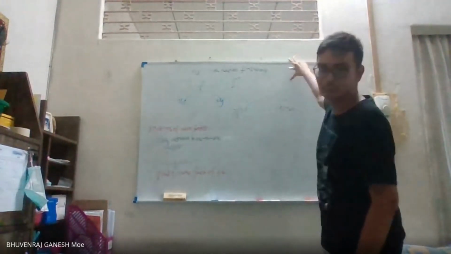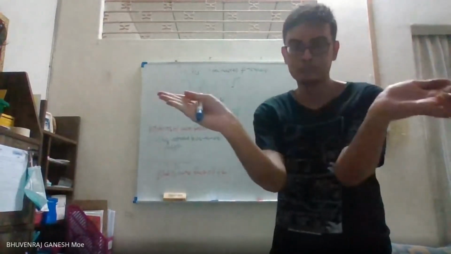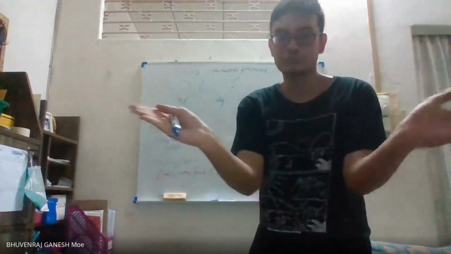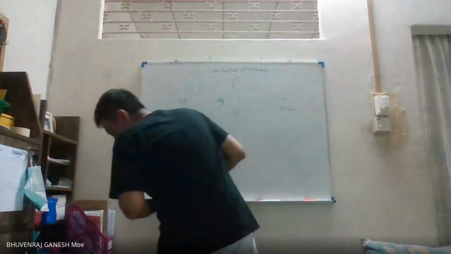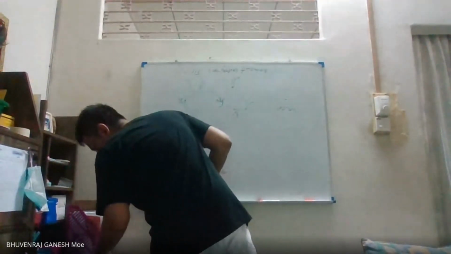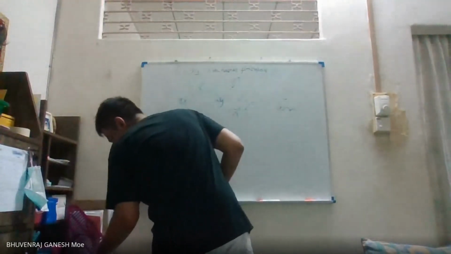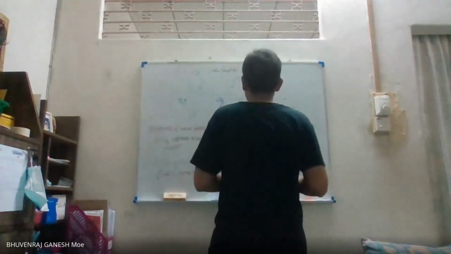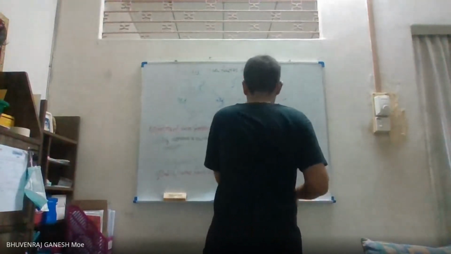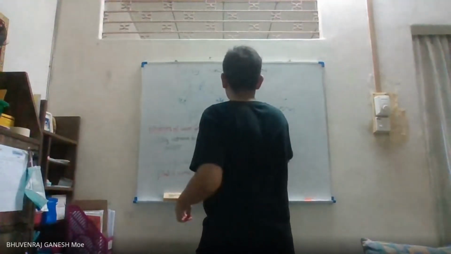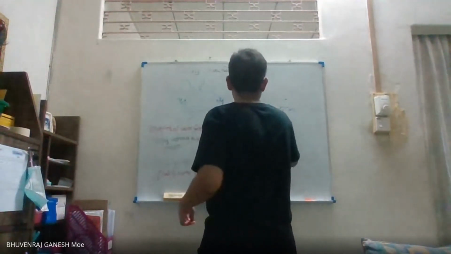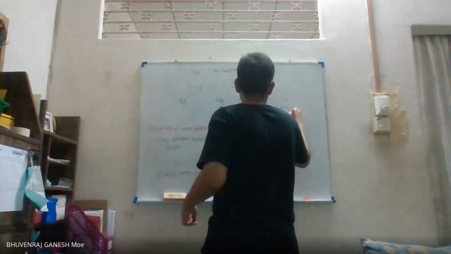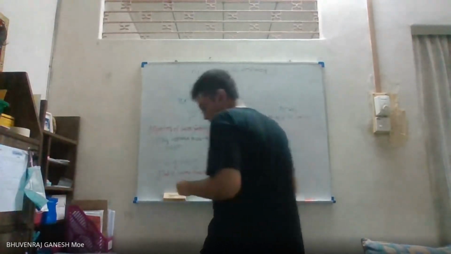This is how the graph comes. Okay? So that's how we get it. f inverse is the reflection of graph f in the line y equals x.